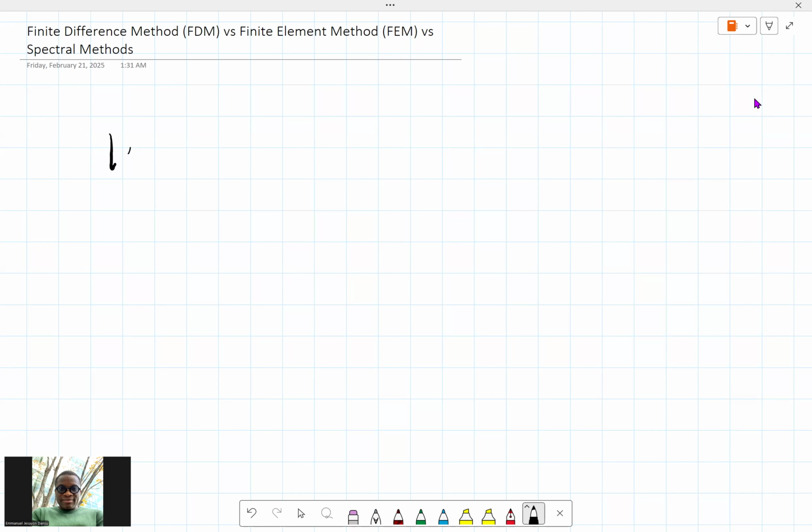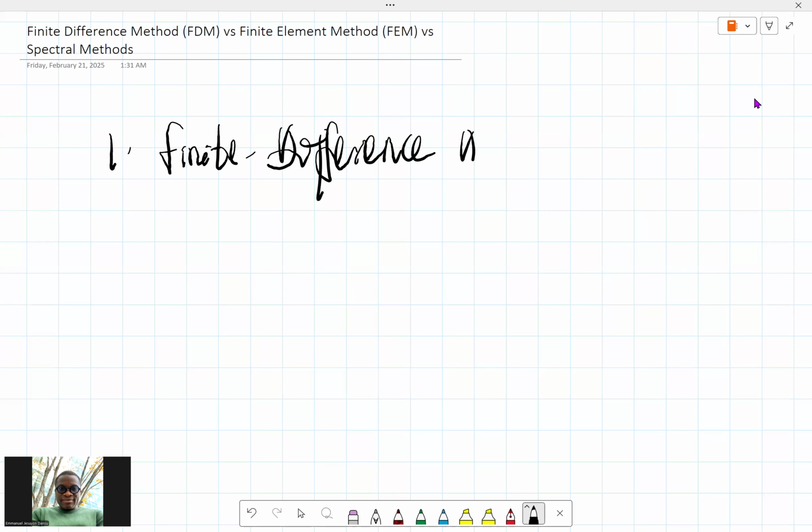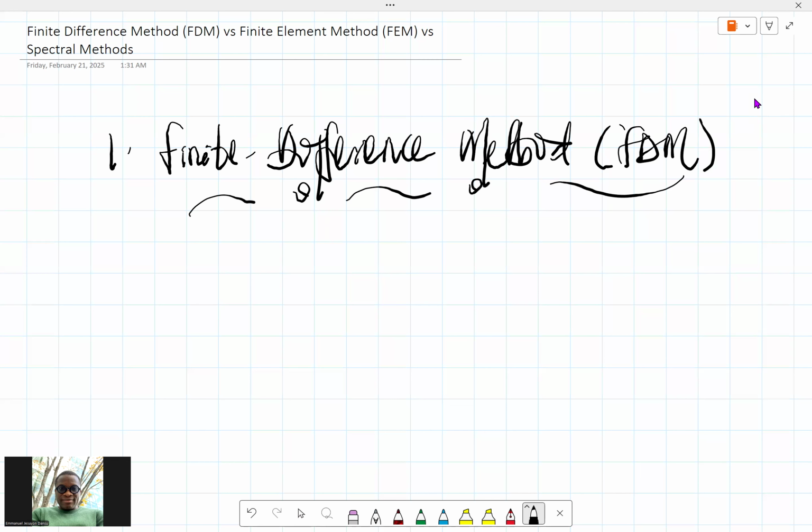Number one, we have the finite difference method, which is FDM for short. First of all, we talk about the approach.